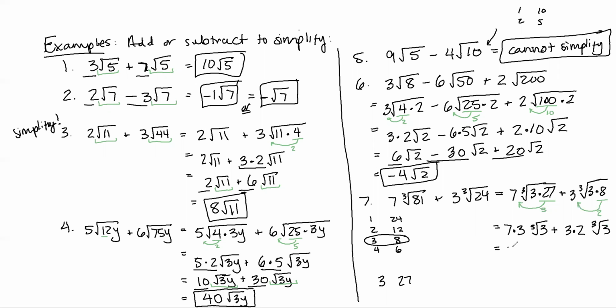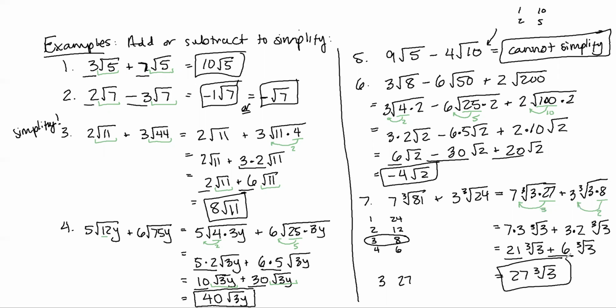So 7 times 3 is 21 cube root of 3 plus 3 times 2 is 6 cube root of 3. And we have like radicands and indices. So then we have 21 plus 6, which is 27 cube root of 3.